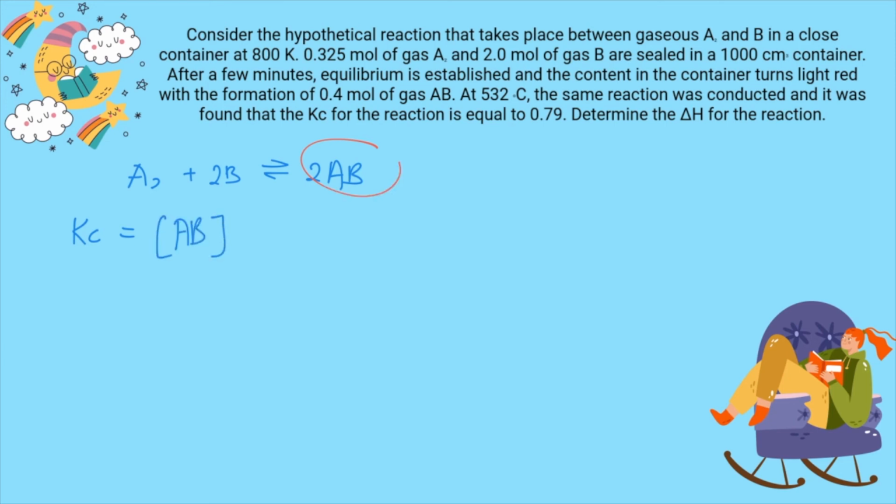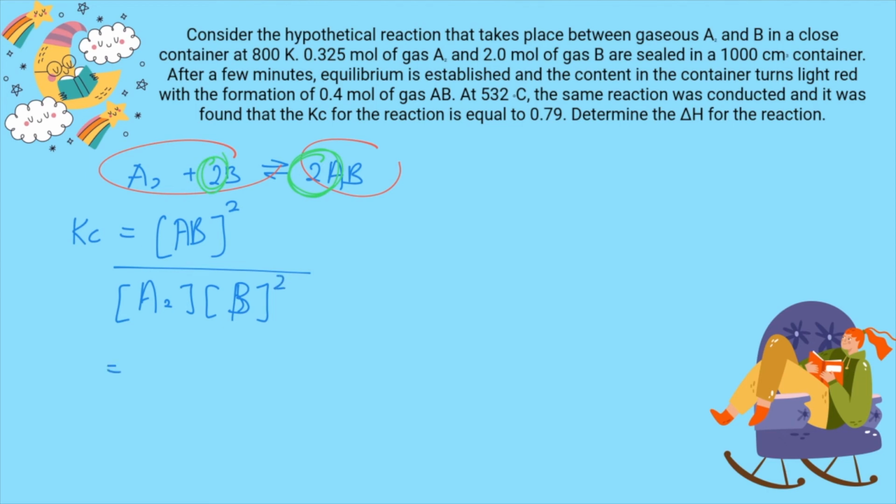But because in front of your AB we have this 2, it means AB to the power of 2, divided by the concentration of whatever is in the reactant, so you have A2 times B. Because you have 2B here, it means B to the power of 2 as well.